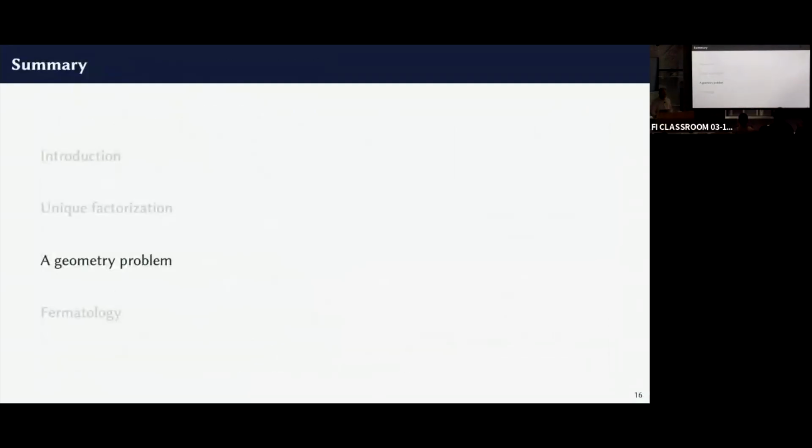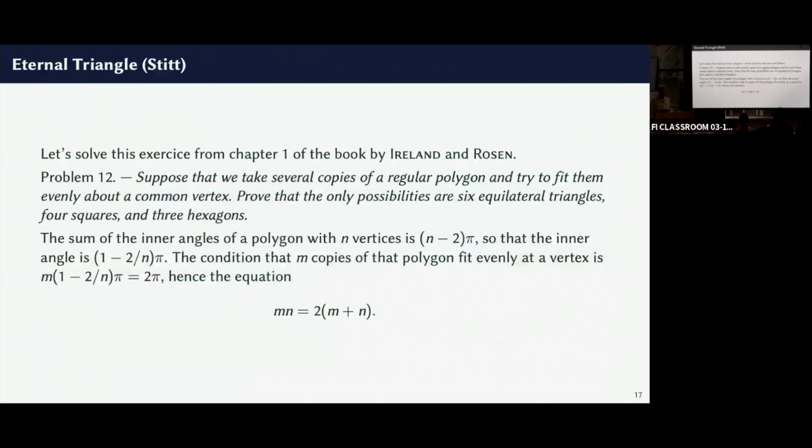I took a problem in geometry from the book of Ireland and Rosen, and we're going to solve it. Suppose that we take several copies of a regular polygon and assemble them around a vertex. I tried to make a picture in TikZ, but didn't manage in time.